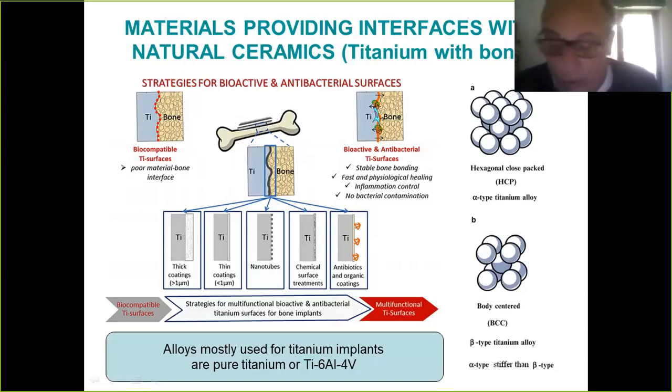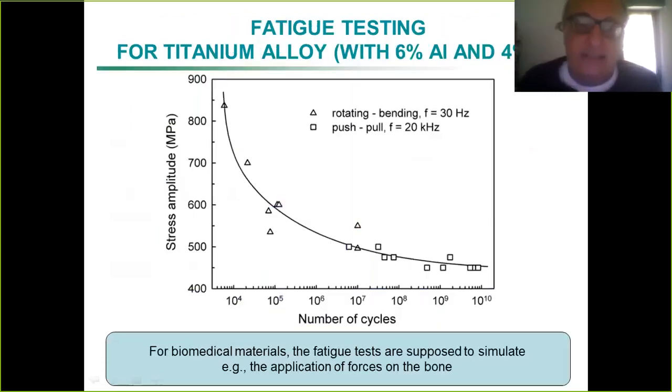Of course, when you talk about this kind of interaction, since bones tend to move at their junctions a lot, it is suggested that the fatigue resistance is important. Why the fatigue resistance?